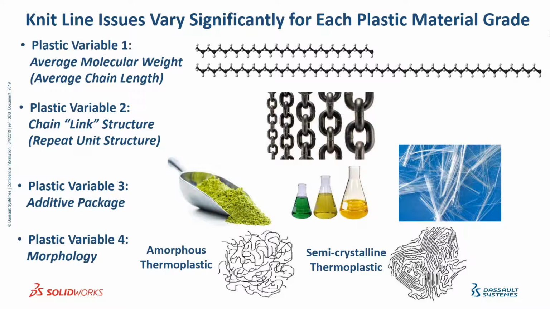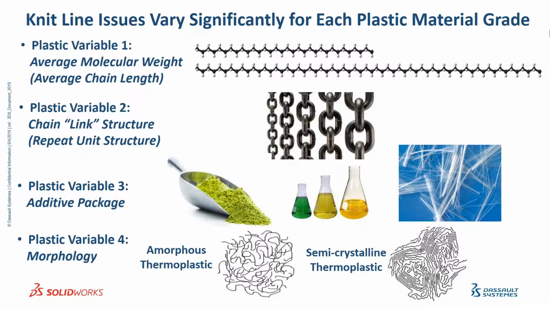It's much more difficult to think about, but there's no question that the link structure or the repeat unit has a significant effect on the ability of the material to weld back together again. Maybe it's a topic for another day, but for example, materials with low Tg tend to weld together better than materials with high Tgs.